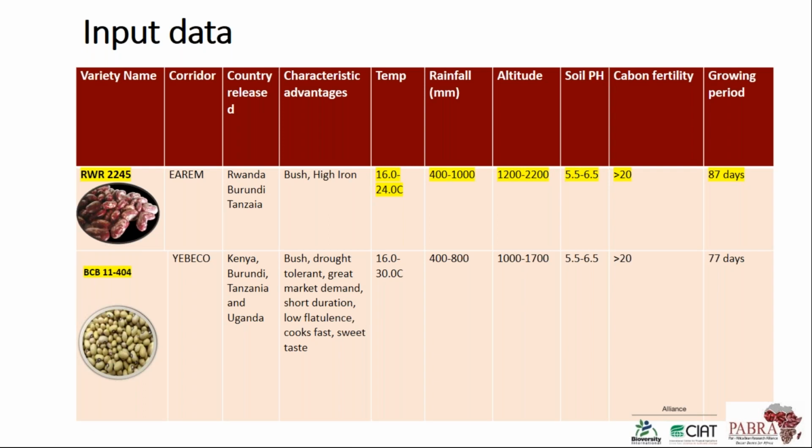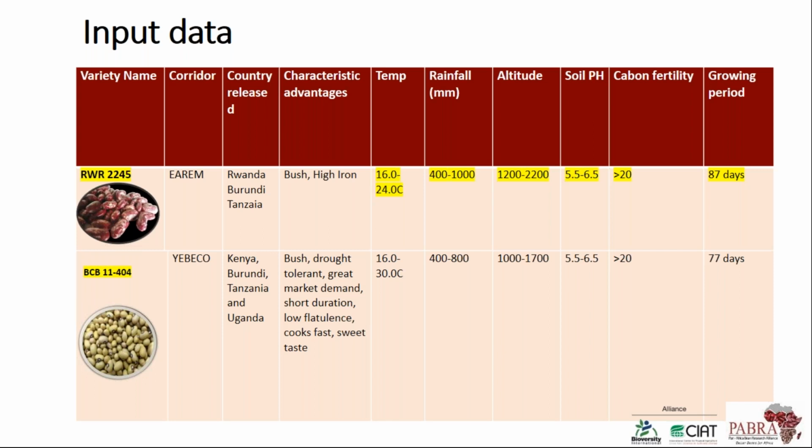Now zooming into specific bean varieties, we have the red mottled. There is one variety which is very popular in East Africa. It has been released in 3 countries, Rwanda, Tanzania, and Burundi, and it falls within the East Africa red mottled corridor, as we call it. It has different characteristics which are very important to farmers.